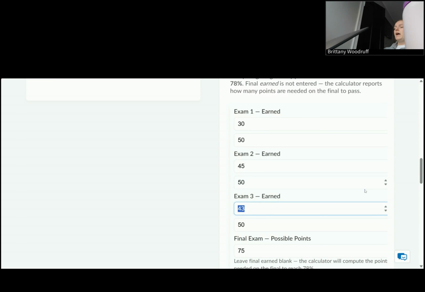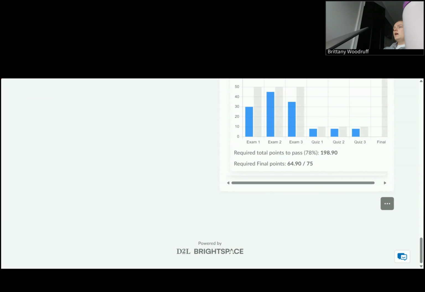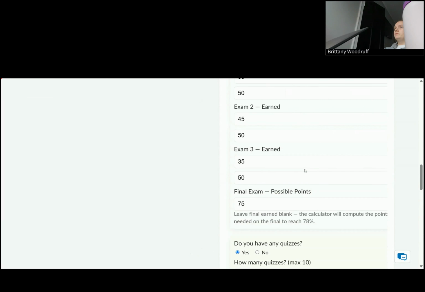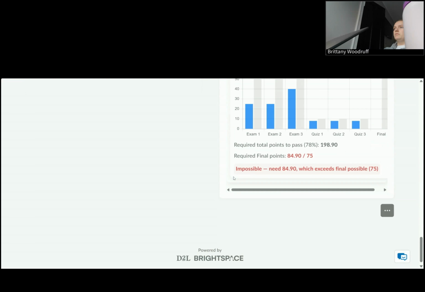Let's say I only get a 35. It tells me I need to score a little higher on the final. Let's say I got a 50% on both exam 1 and exam 2, but I end up bringing it up to an 80 for exam 3.